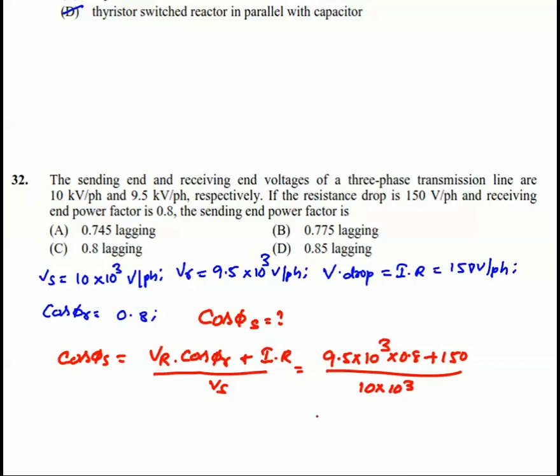By solving this, 7600 plus 150 divided by 10 into 10 power 3, we will get 0.775. Normally the power system will have lagging power factors by default. So 0.775 lagging is the answer.